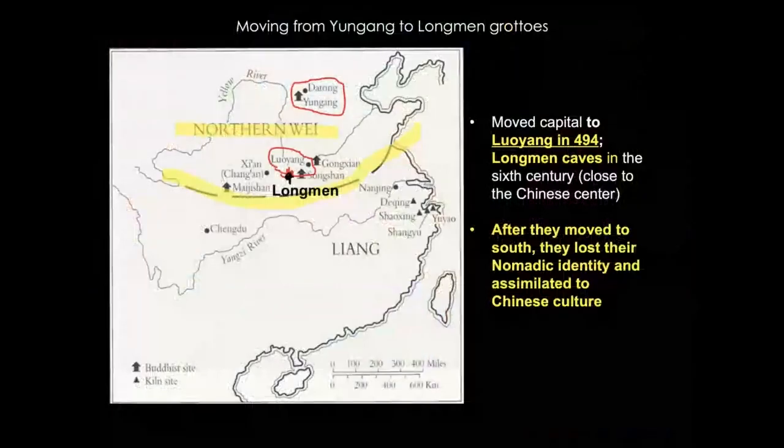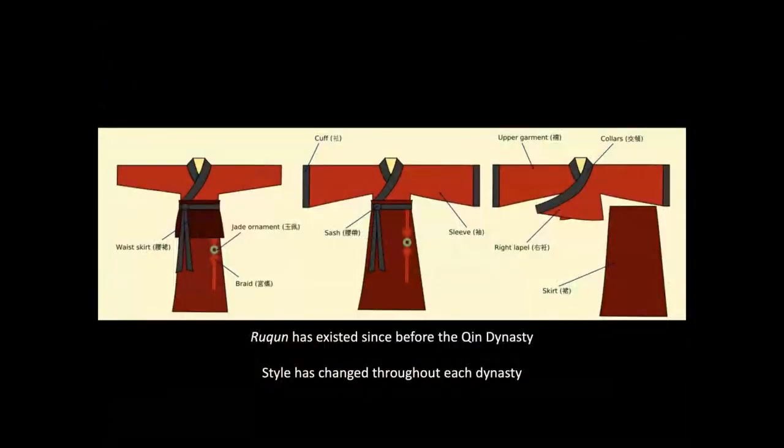So let's put this. This new style, the layered one, some sort of skirt that you see, is ruqun. This style coexisted with chenille, but somehow we see this skirt more often in the Six Dynasties period.